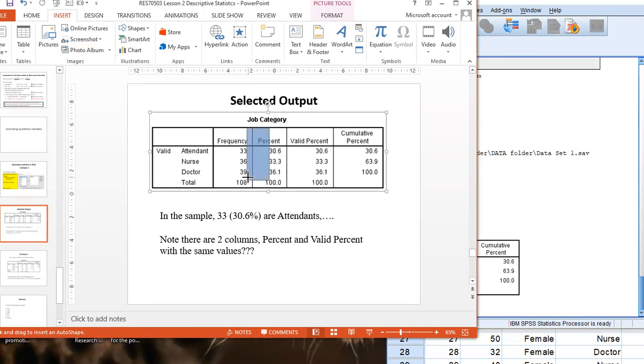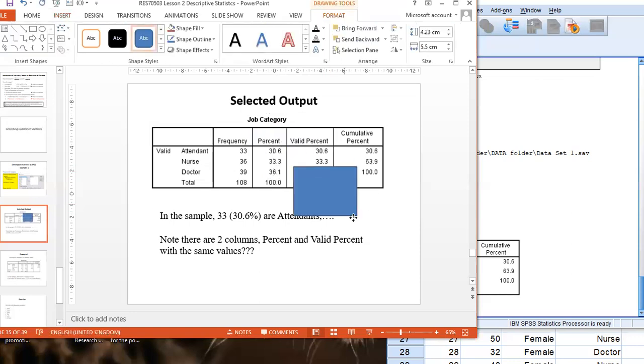These two are exactly the same, aren't they? Any difference between percent and valid percent? Yeah, because sometimes it happens that it is more than 100 or less than 100. Now, my question is, if these two are exactly the same, why two columns? Why repeat?